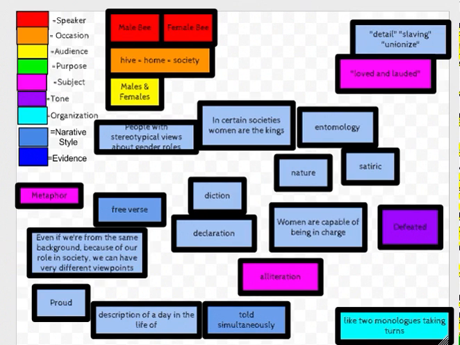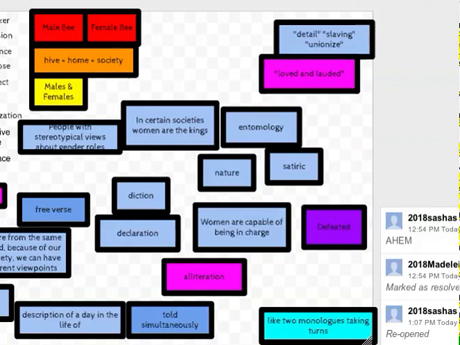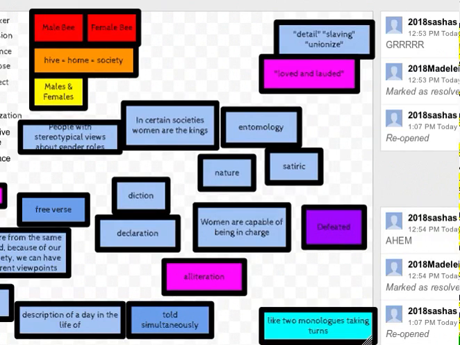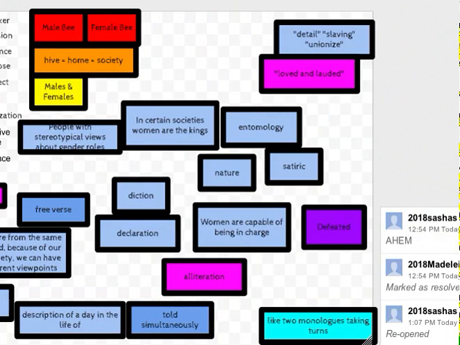Not setting. So, for example, if we write a poem about memories of the first day of school, first day of having a conversation with someone that you really admire, that is a conversation between two people.